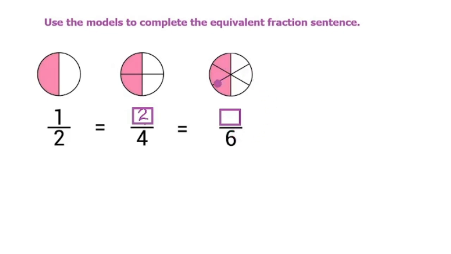So there's 3 out of 6 shaded, so we could put that in as 3. So 3 out of 6. So we know all these fractions here are equivalent because the colored areas are the exact same size and shape for each one.